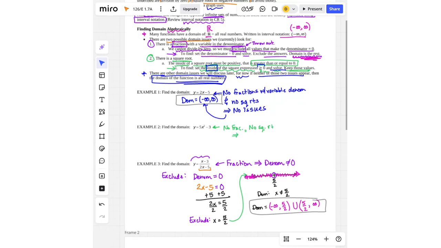So no issues. And since there's no issues, we would say then that the domain is negative infinity to infinity. Okay, so anytime there's no issues, no square roots, no fractions right now, the domain is going to be negative infinity to infinity.